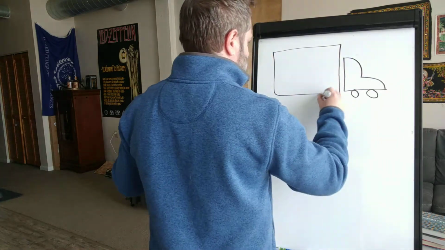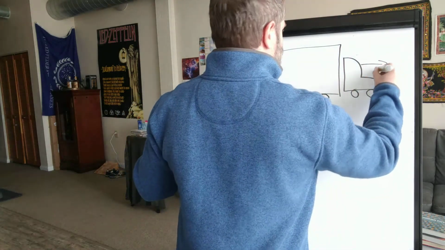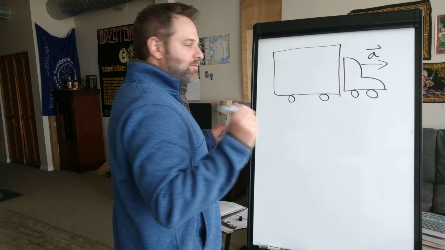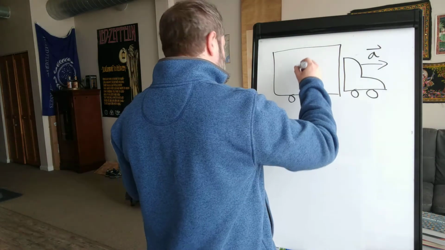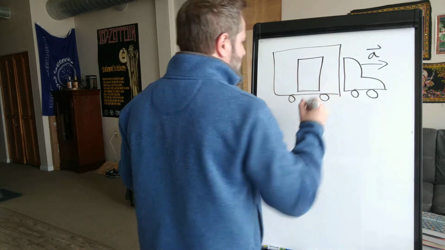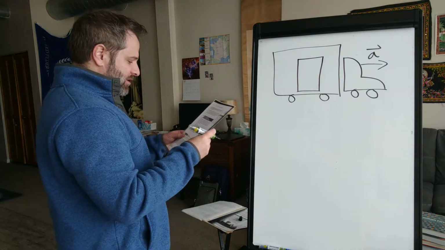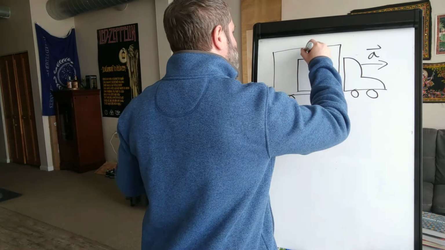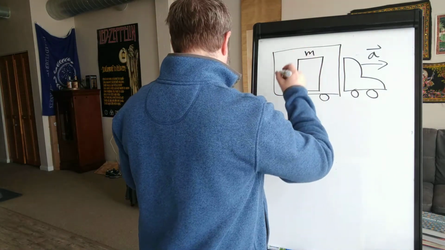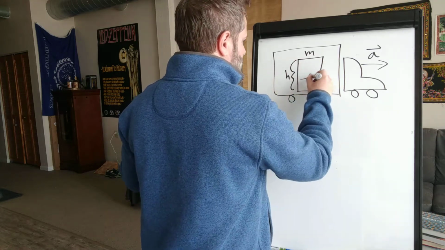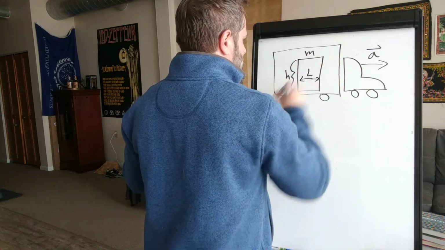This truck is accelerating forward, getting up to speed. And inside the truck, we have a block. In the problem in the book, it says a block of marble, mass M, height H, length L.